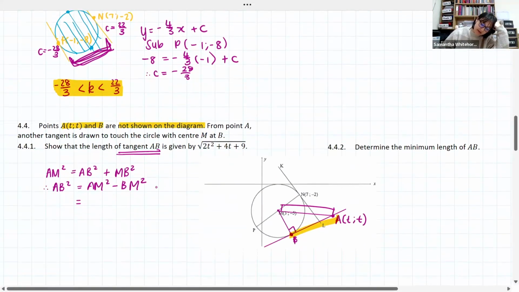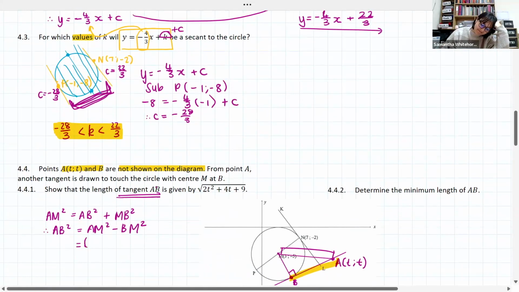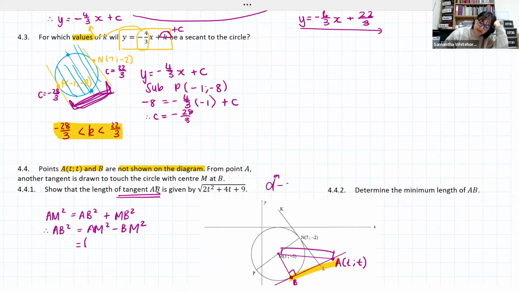Right, so AM would be equal to, now remember your distance formula is equal to the square root of the differences. Your distance squared, which is what we're working with, you could just leave off the square root.